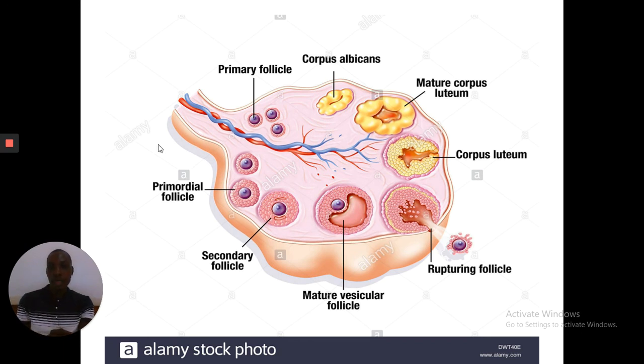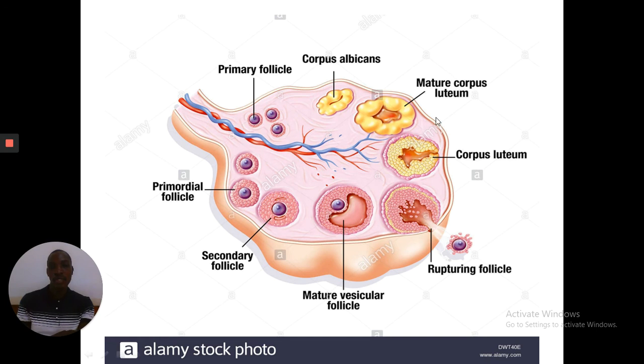So during the first 14 days, you've got release of a lot of estrogen hormone. Then ovulation is triggered by the luteinizing hormone that also comes from the pituitary gland.